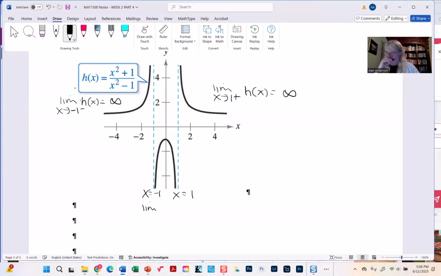So the limit. Now here, it's interesting that in this part of the curve, you can't actually approach -1 from the left. It has to be from the right. It's coming this way, and that means that this one is negative infinity.